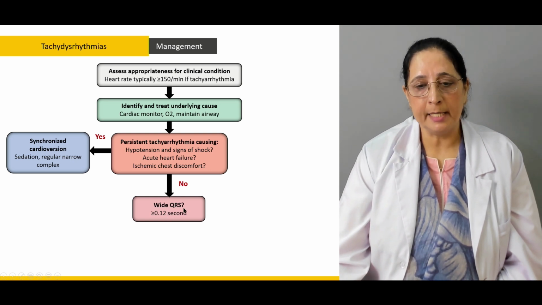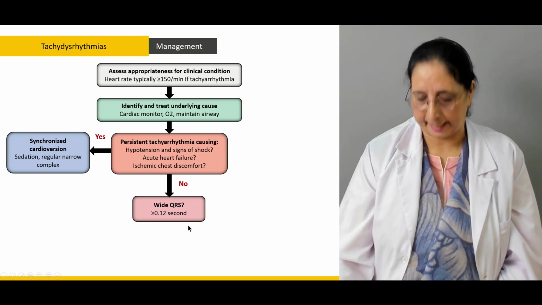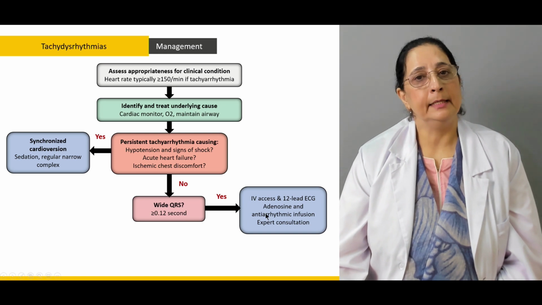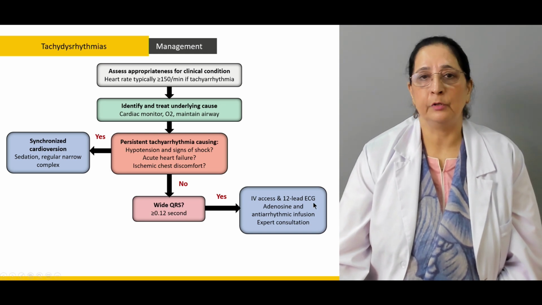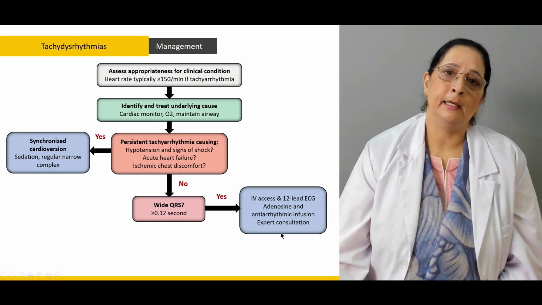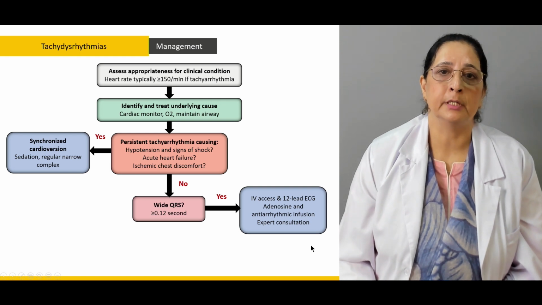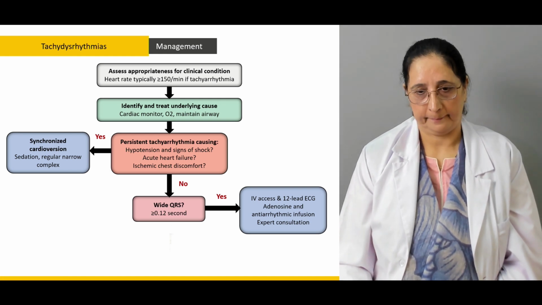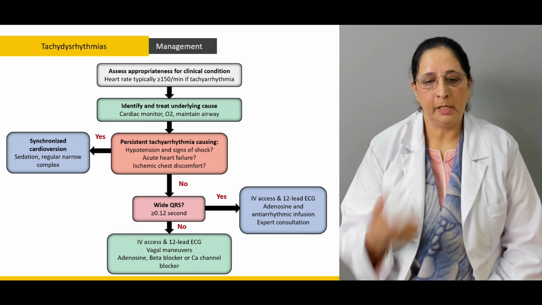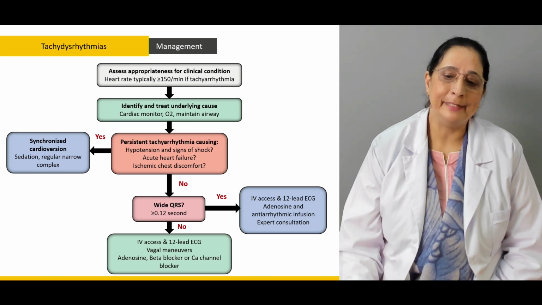If it's a wide QRS, which means more than 0.12 seconds, we should go for IV access and put on the EKG strip. Adenosine and any antiarrhythmic infusion is given and expert consultation is done. Finally, if no, then we need IV access and then a 12 lead EKG.